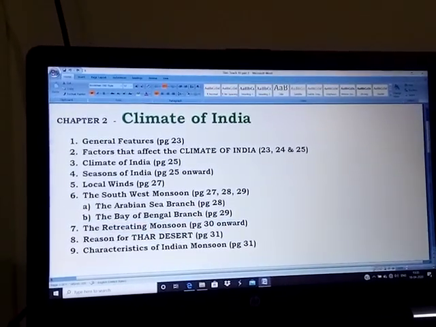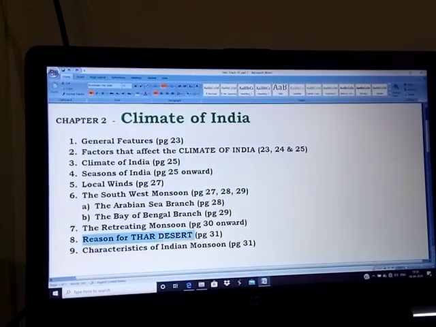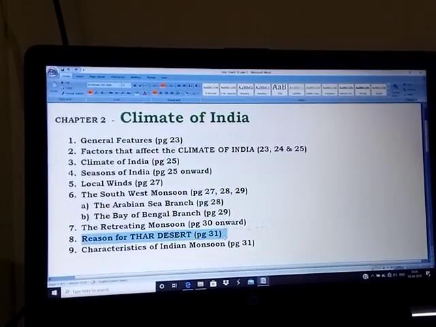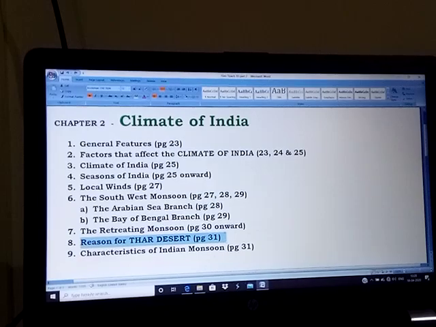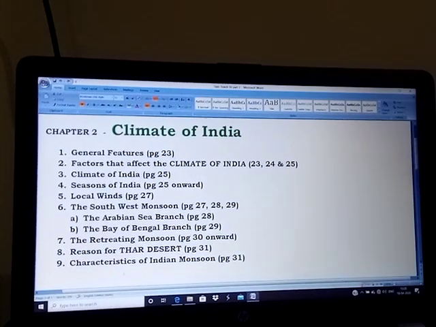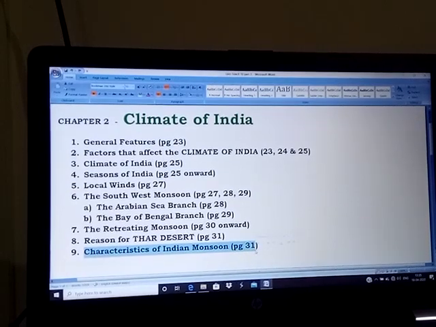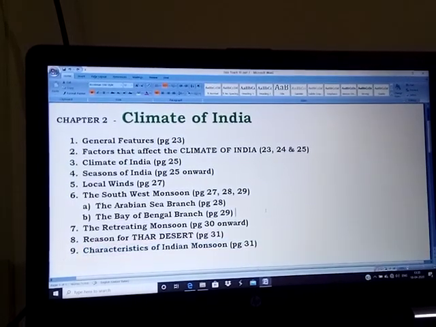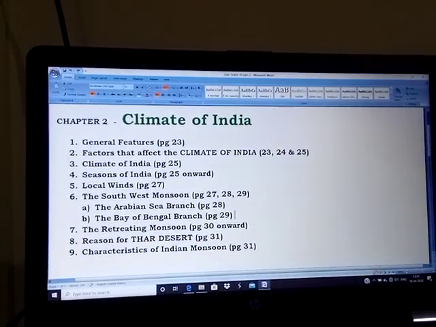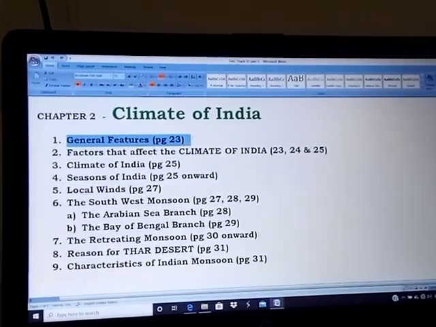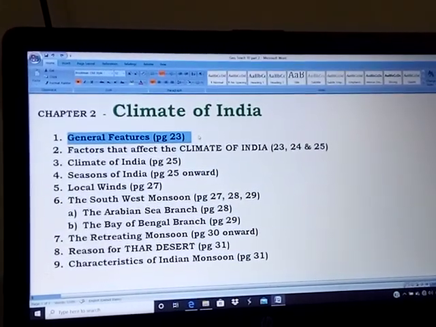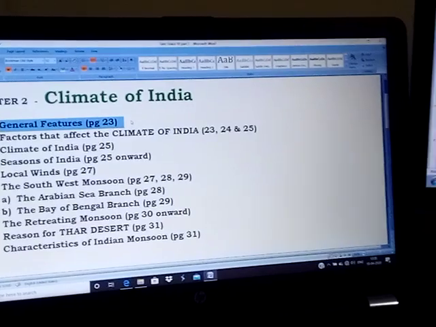And then we have our great Thar desert. Why is it so? We have a geographical reason for it. And finally, we have the general characteristics of India's monsoon. Now let's discuss in detail the general features of the Indian climate.